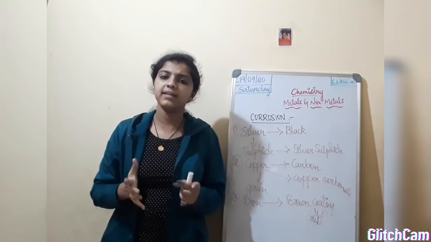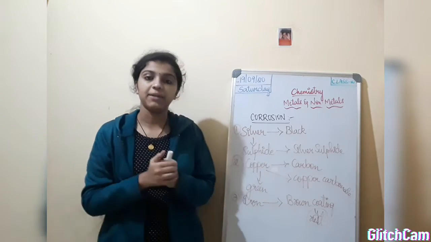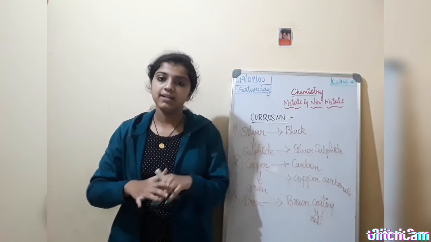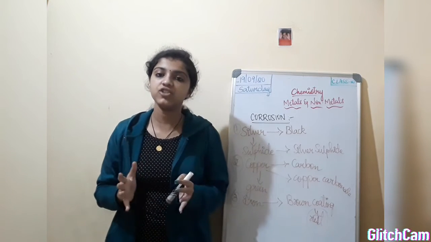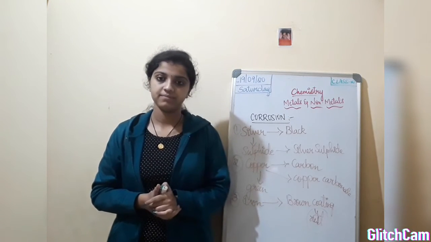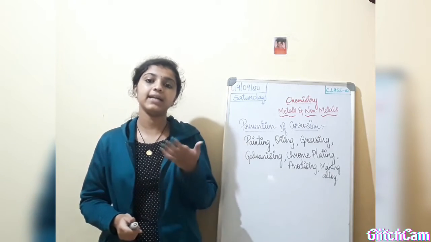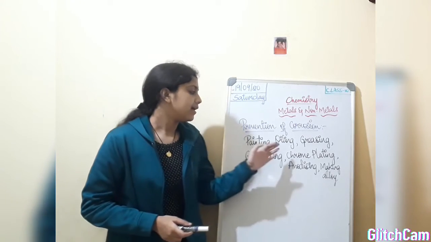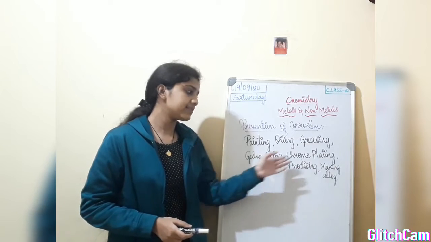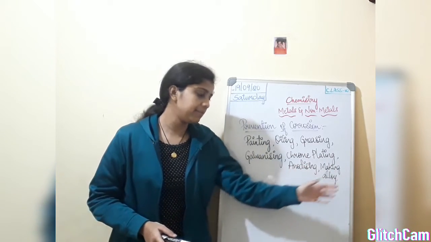There are many ways in which corrosion can be prevented. So now let us learn the different ways of prevention of corrosion: painting, oiling, greasing, galvanizing, chrome plating, anodizing and making alloys.